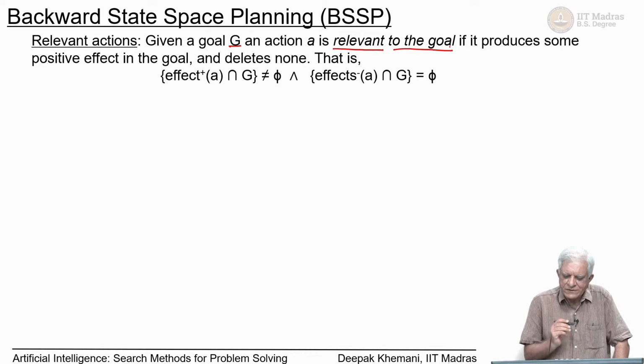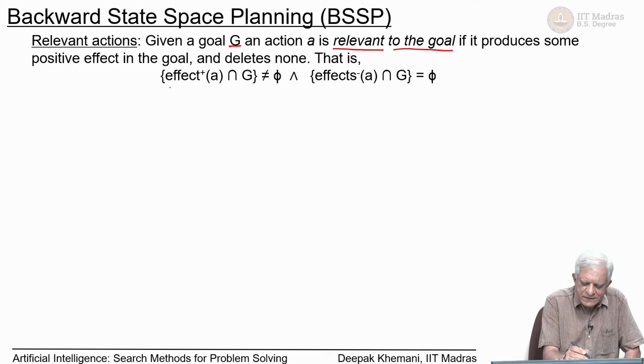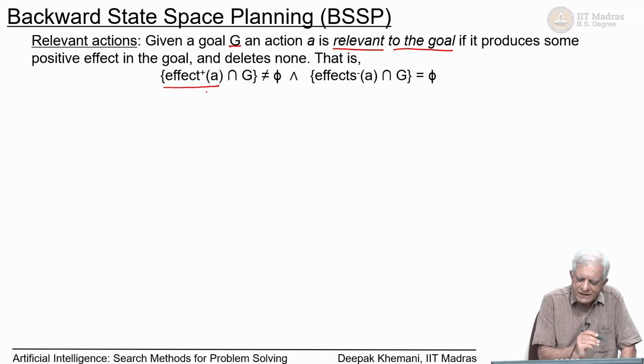If that condition is true, then we say that the action is relevant, and you can see that there are two conditions. The positive effects of that action A intersected with G, that is the goal description, must not be an empty set.